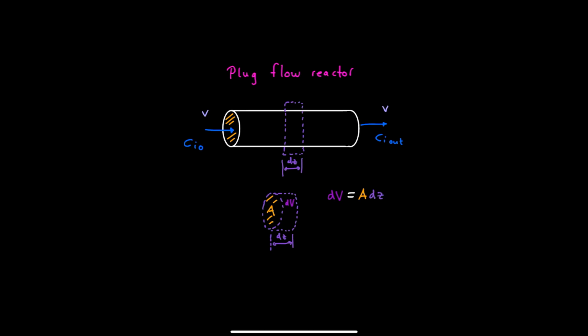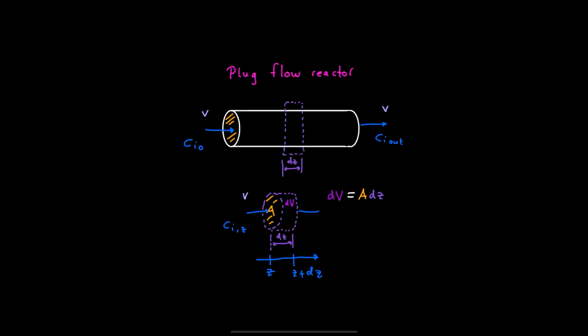So on the left side of our segment, there's a molar flow rate, which consists of the volumetric flow rate V and the concentration of the species I at the position C. So let's say this is the position C, and exiting our segment is the position C plus dc.